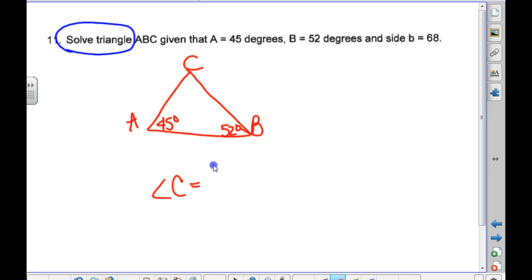So I'm brain dead. Okay, we get angle C is 83 degrees. So we found one thing. Now it said side B is the only side given is 68 units long. So we can set up to find side C and side A.